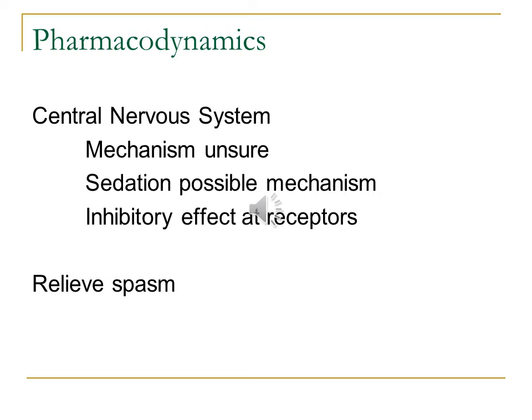At those individual receptors for the muscles that cause tension, they inhibit those receptors from getting those signals. That's in the end what allows the spasm at the muscles to decrease. So basically, an overall relaxation effect on the body, and an inhibitory effect on the individual receptors.